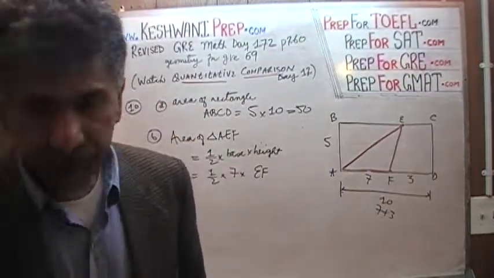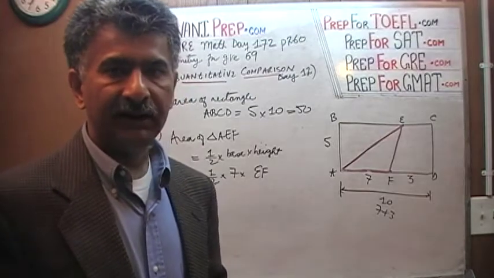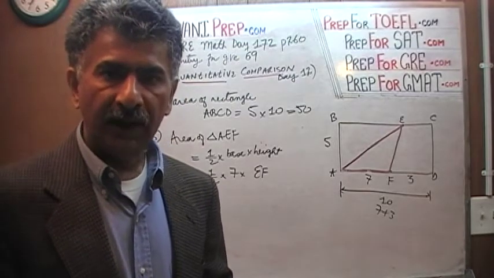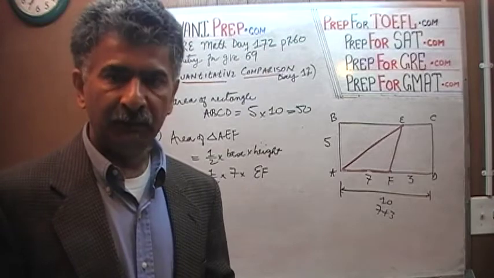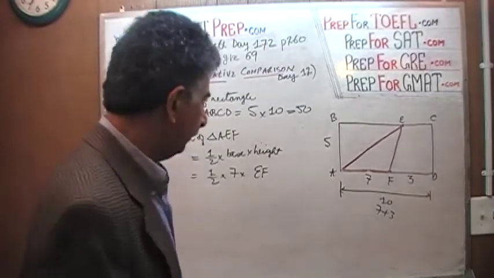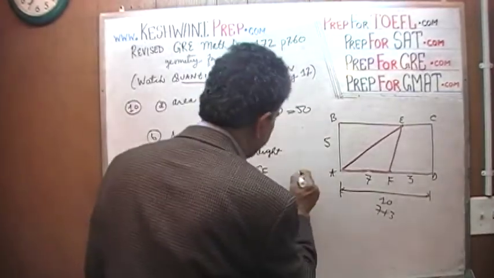Well, the reason it's called 1/2 base times height, it is called height because that's exactly what it is. Height of a triangle. Let's draw this triangle here.